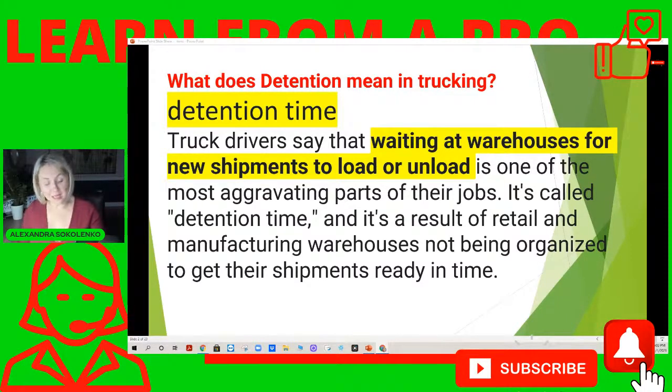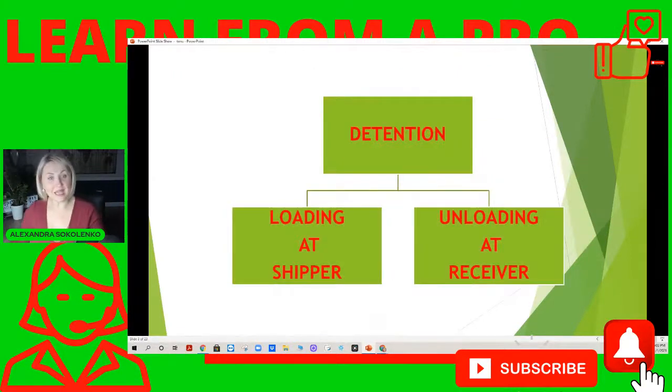And you know what? In the trucking industry, we would like to have standards of 2 hours in, 2 hours out. So if your driver was waiting at the warehouse for loading or unloading more than the standards, usually you will request detention.